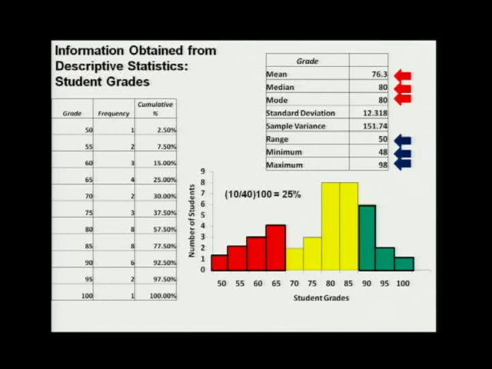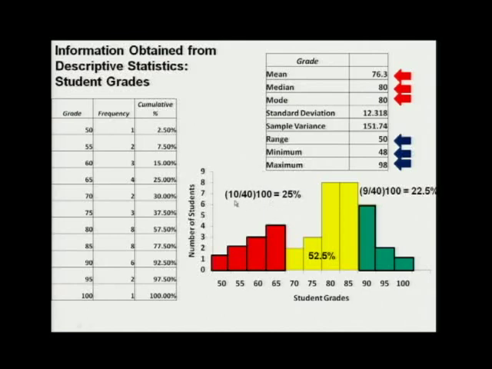So we can also get the percentage of the students that have failed the class, and the percentage that have made an A in the class, as well as the percentage of the bulk from C to B students. These percentages can be obtained by simply adding up these heights, these bars, and when we add the heights of the bars, we are very much looking at the number of students, and we can divide that by the total number of grades or the total number of students and get the percentage.